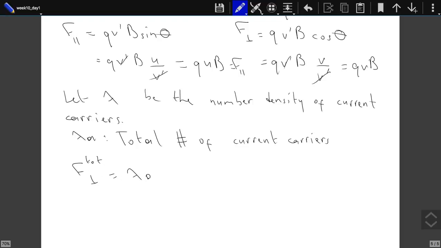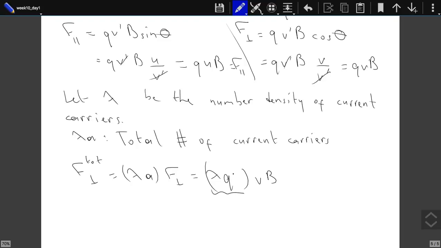The total perpendicular force will be lambda times A times F perpendicular, which is lambda times A times Q times V times B. Lambda times A is the total number of charges that I have.